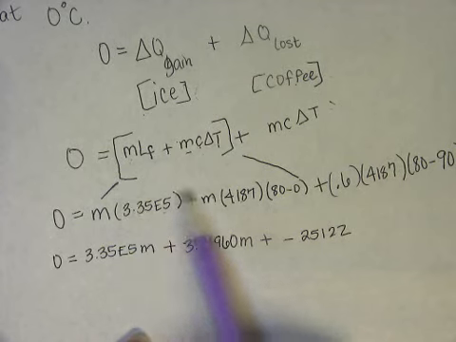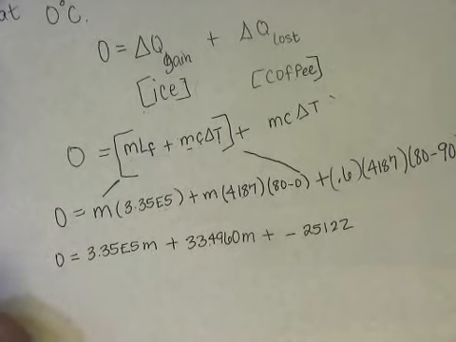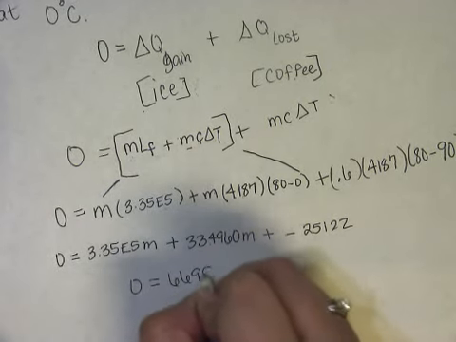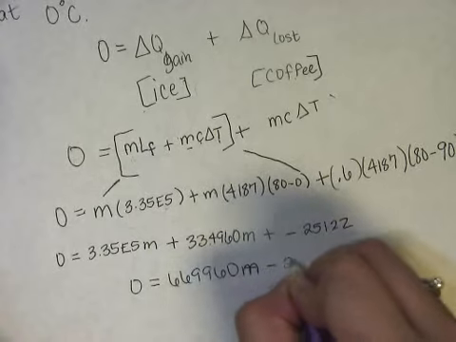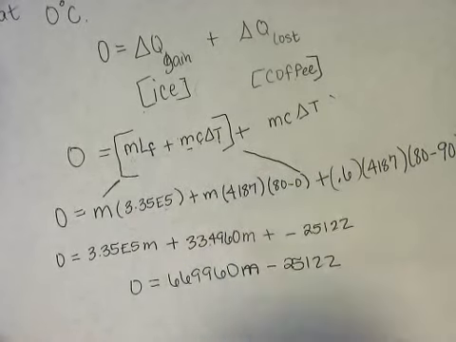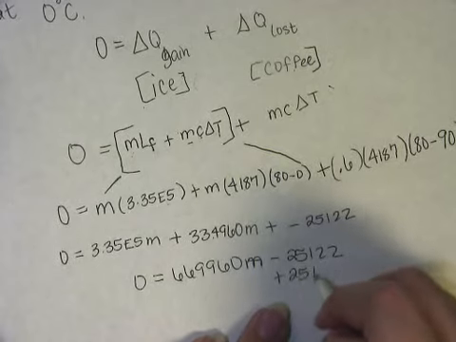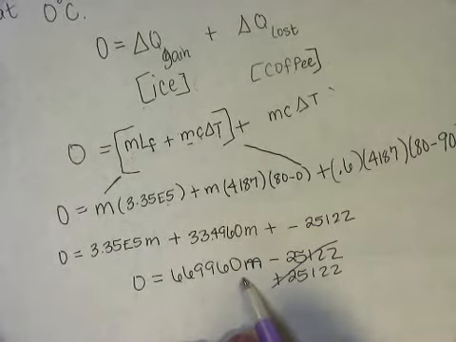Now, since I've simplified all of this, I'm going to combine my like terms. Zero equals 669,960 m minus 25,122. I'm going to add 25,122 to both sides so that I isolate this variable m.